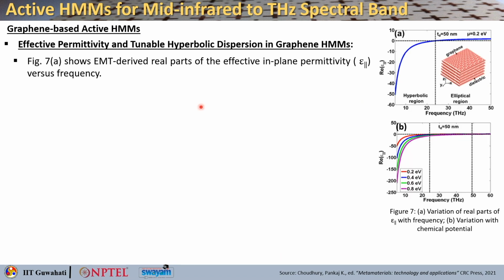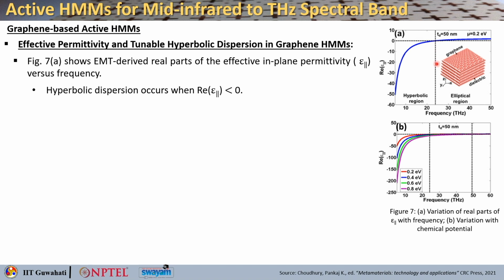So with this you can use effective medium theory, and you can estimate the real part of the effective in-plane permittivity, and here is the plot that is shown versus frequency at different chemical potentials, right. What you can observe is that hyperbolic dispersion basically occurs when the real part of the parallel permittivity is negative.